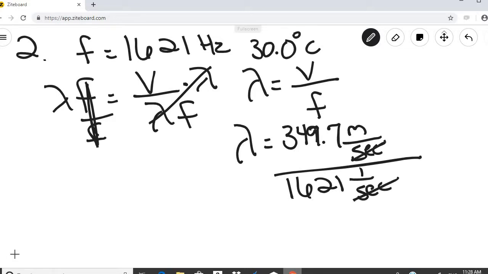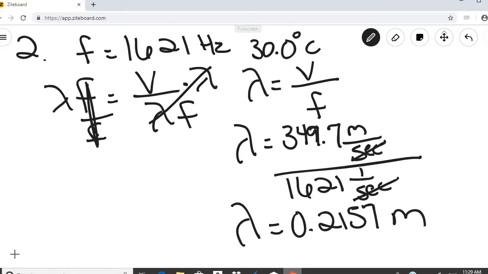So our seconds are going to cancel. We'll be left with meters for wavelength, and we can have 4 significant figures here. So our answer should be 0.2157 meters for the wavelength. Okay, that is number 2.